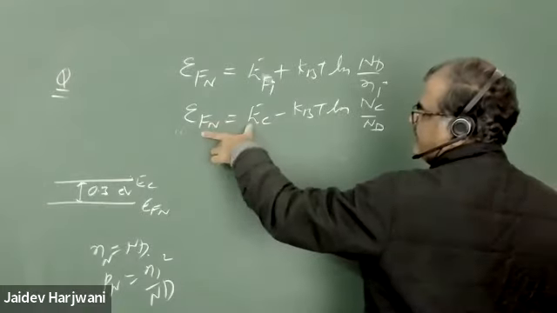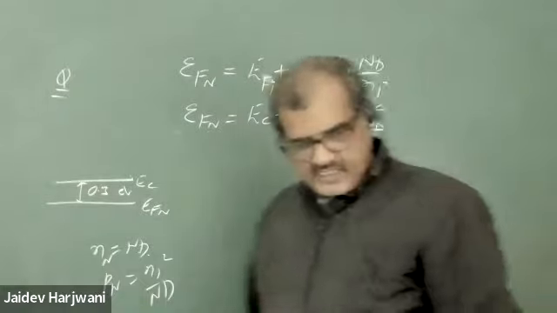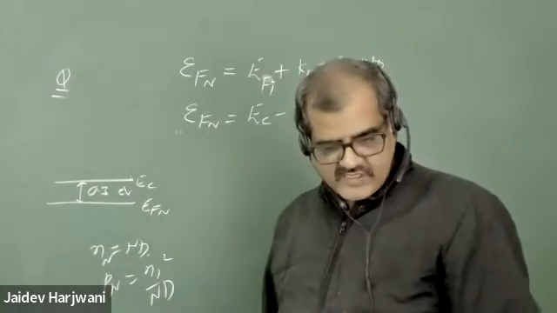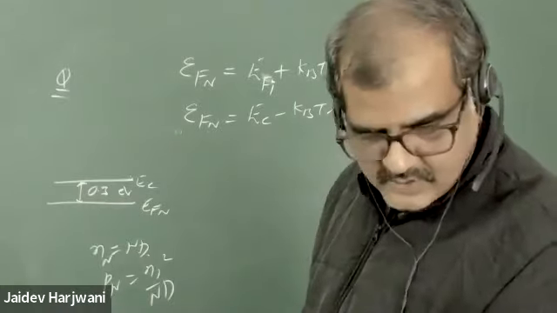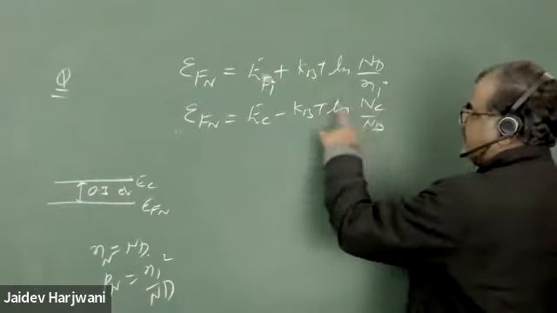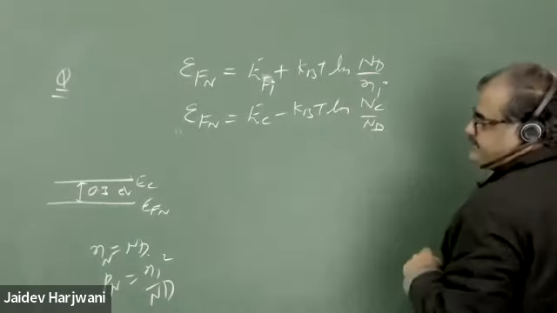This difference is given, but you don't know NC. For NC, you have to calculate it by formula if the temperature range is given. If the temperature range is not given, you cannot find this with this formula. You don't know NC, so I can use the other formula.